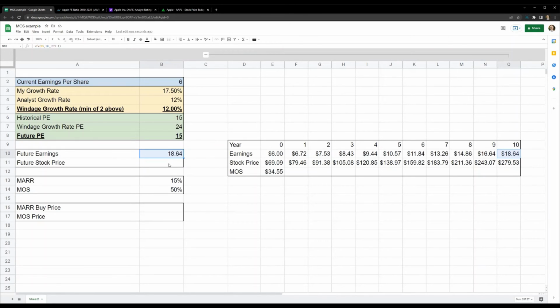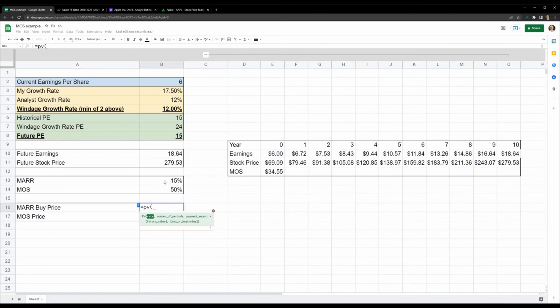$18.64. Then we can calculate the future stock price, which is our future earnings times the future PE, again about $280. And then to calculate our minimum acceptable rate of return buy price, we then want to take the present value, so PV, of that future stock price.